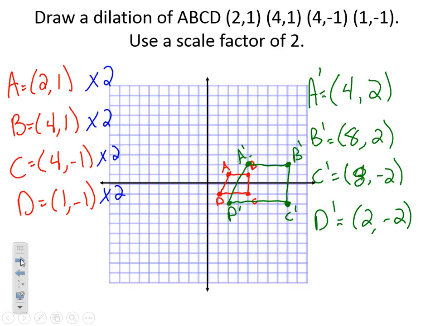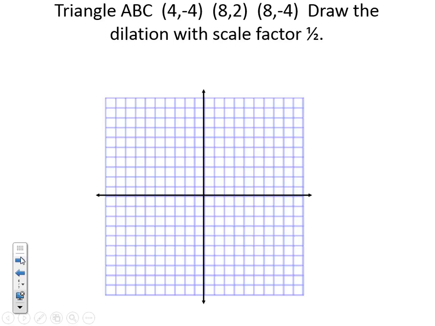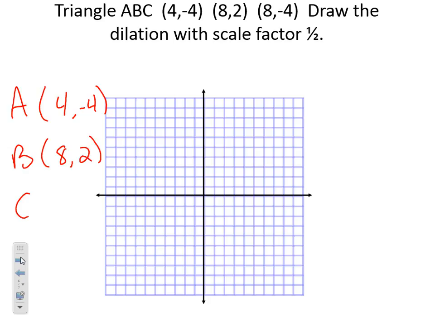All right, moving on. Here's our last example, ladies and gentlemen. We're going to do triangle ABC, where A is at 4, negative 4. B is at 8, 2. And C is at 8, negative 4. Now for this one, we have to draw a dilation with a scale factor of 1/2.